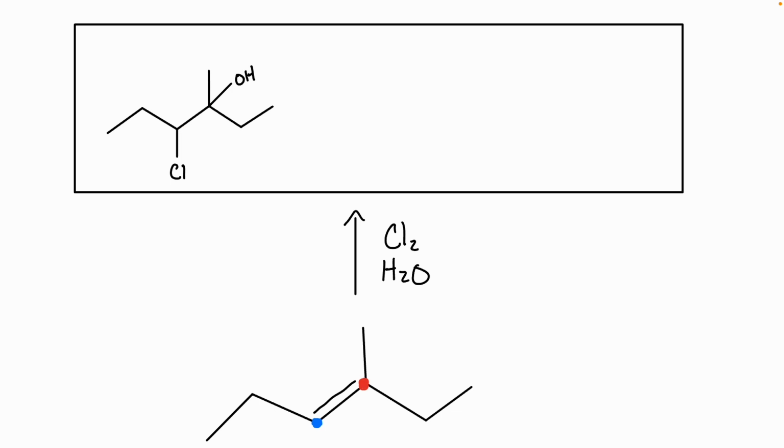Yes. All right, cool. So what we have to remember about these reactions is that they go through that cyclic intermediate, just like with our other halogens. So they're going to be an anti-addition. So I'm going to add one of these groups onto a wedge. That means that the other one, I got to put on a dashed bond.